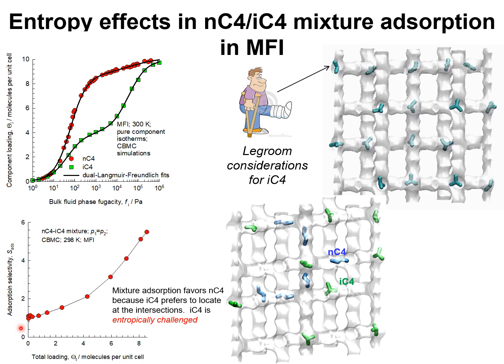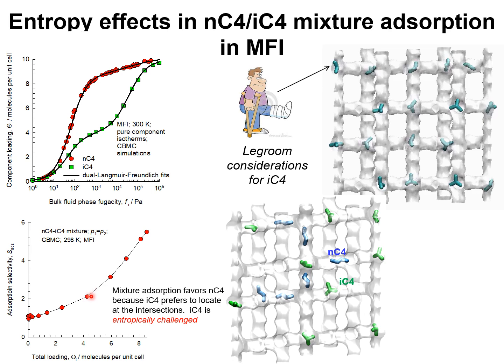Here I plot the adsorption selectivity against the total loading of the mixture. At very low loadings, the selectivity is unity, and both normal butane and isobutane have the same loading. However, as the total loading increases, the adsorption selectivity is increasingly in favor of the normal isomer because the partner molecule, isobutane, is entropically challenged.